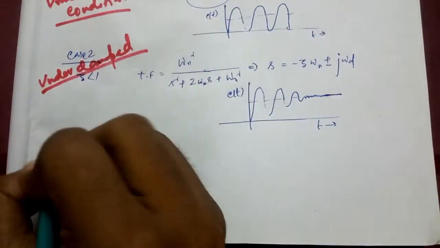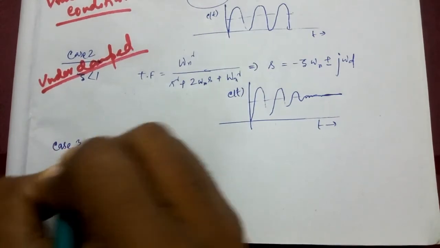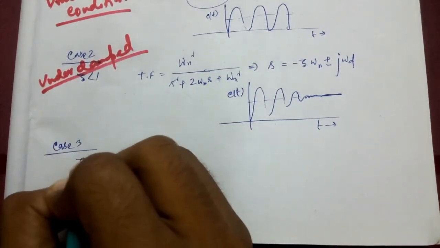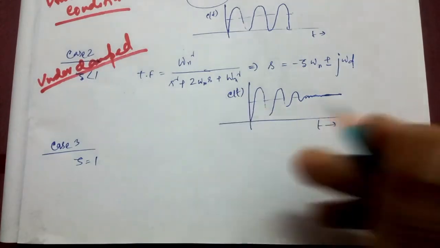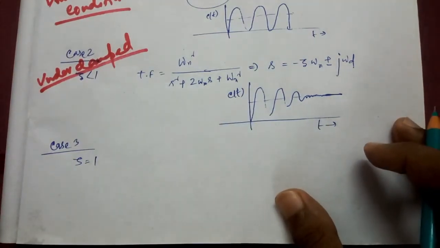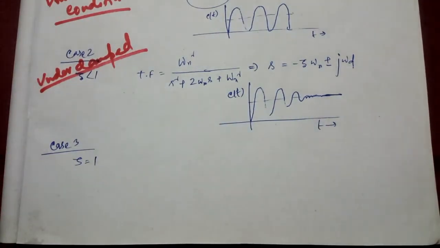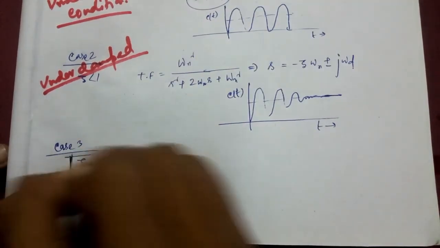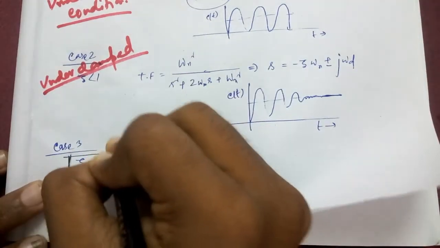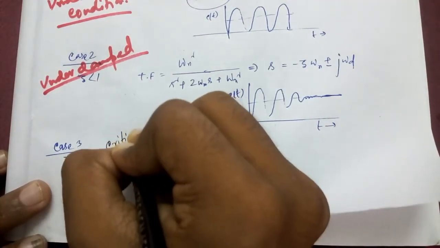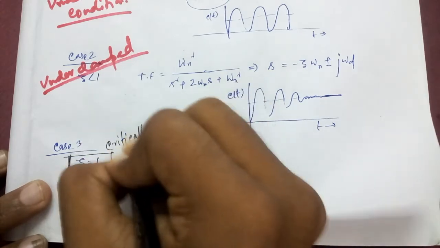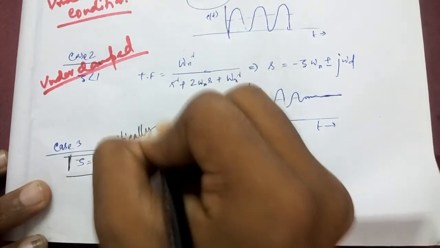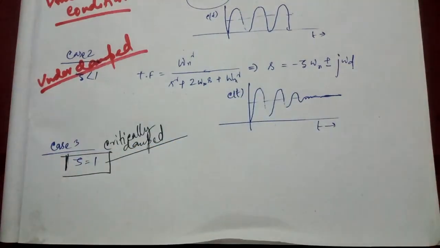The third case, case 3. Here we are taking zeta equal to 1. This one has an interesting name. This is called the critically damped condition.